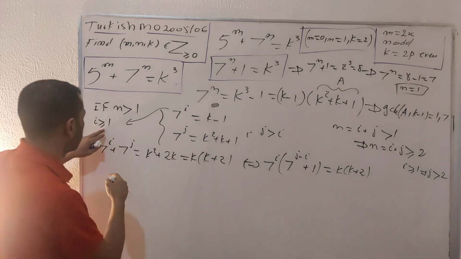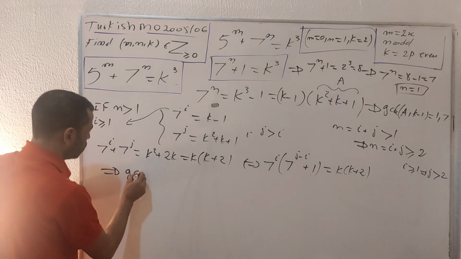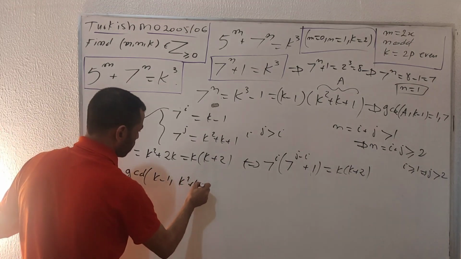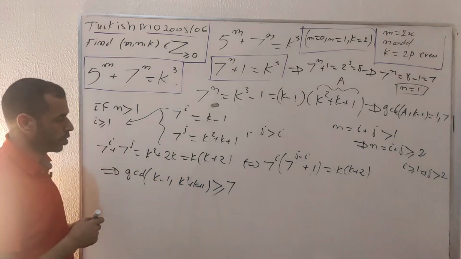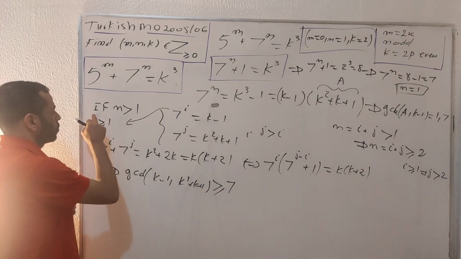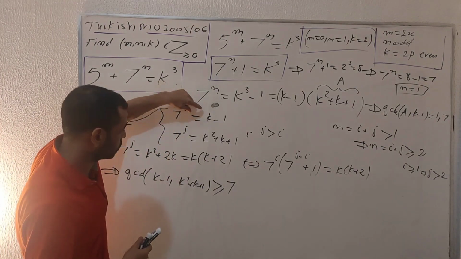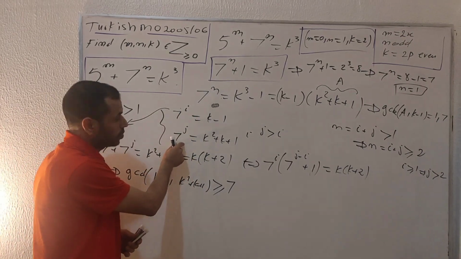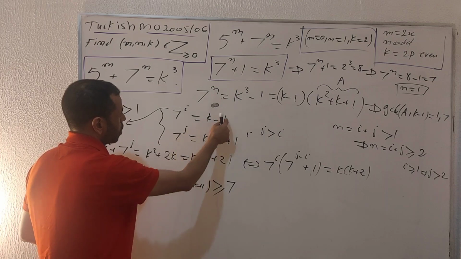Which means if i is superior to 1, which means the GCD of k minus 1 and k squared plus k plus number 1 must be superior to 7, okay? Because if i is superior to 1, this one becomes a power of 7. If this one is a power of 7, this one must be a power of 7 as well, because as this one is going up, this one is going up as well.